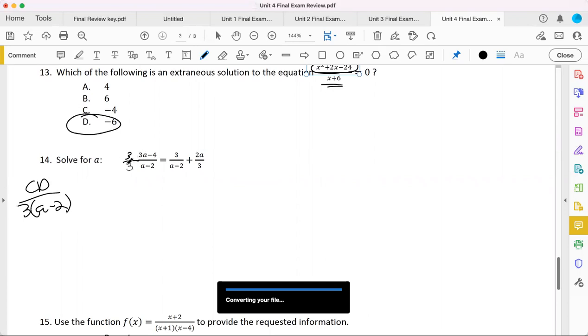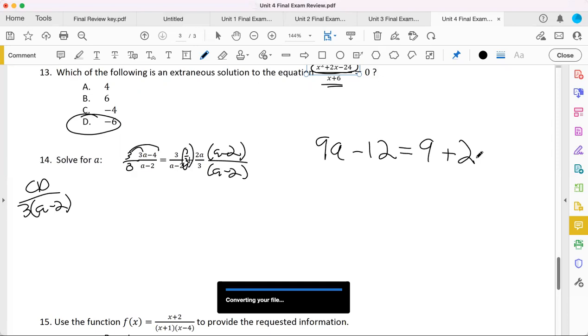So you're going to multiply this with 3 over 3, this with 3 over 3, this with a minus 2 over a minus 2. So distribute this. Now get 9a minus 12 equals 3 times 3, which is 9, plus 2a squared minus 4a. Denominator is kind of irrelevant at this point because you have all the fractions with your common denominator.